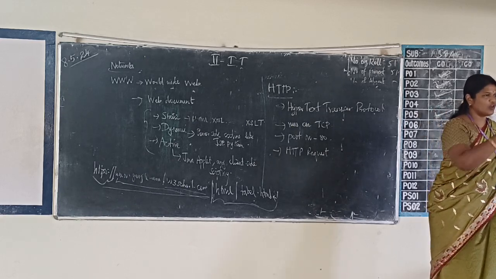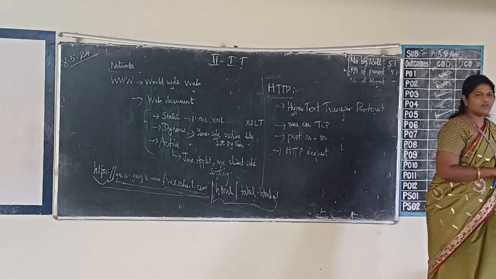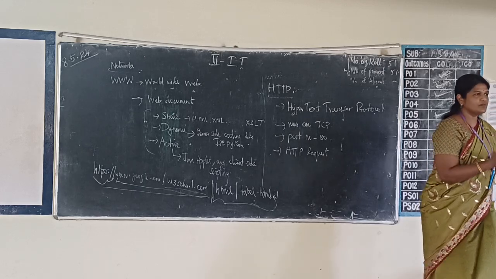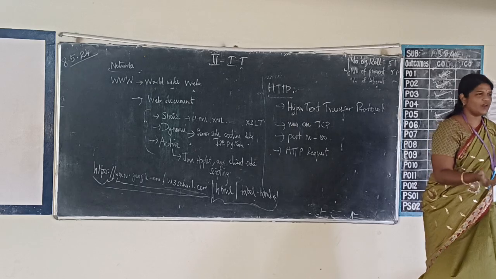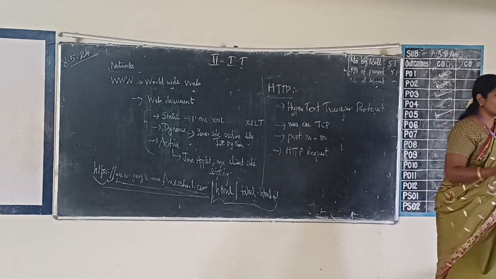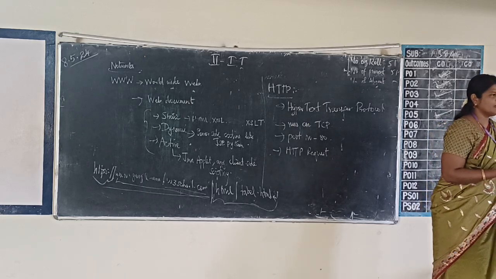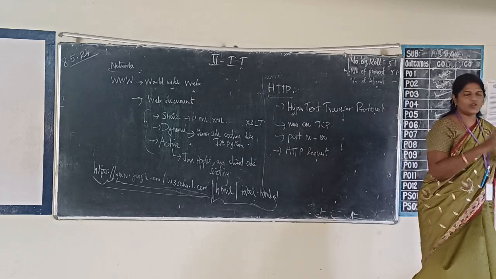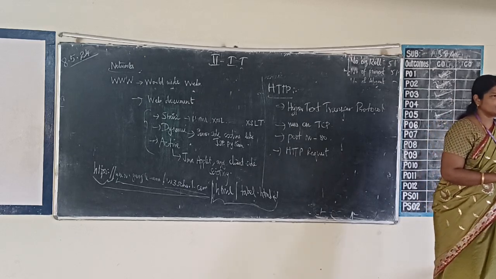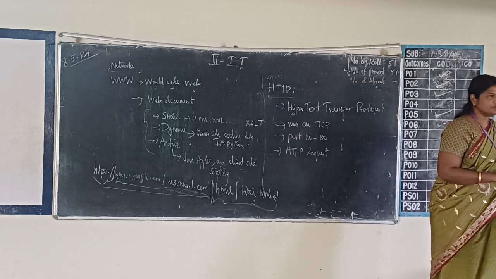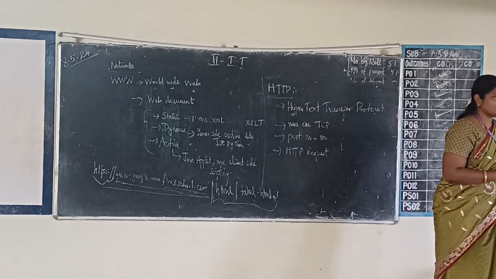Server side will be like this. You are ordering, okay, you are viewing some item. For example, you are looking for a book. You find a book, but what do you do? You order it.